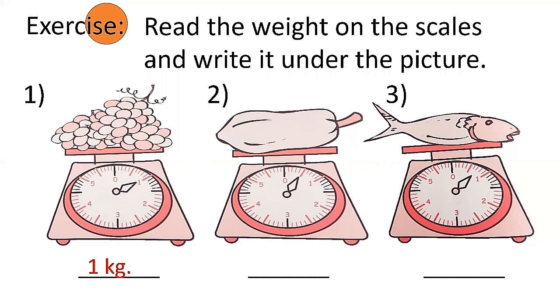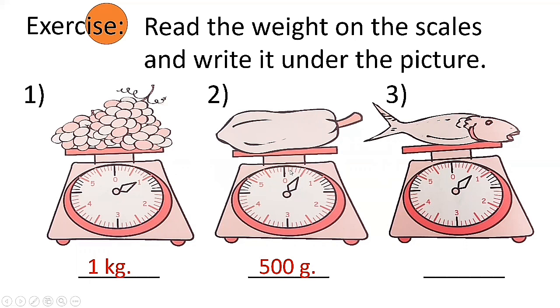Number 2, how much is the weight of a papaya? Okay, the papaya, since the arrow is pointed to half, that means that is 500 grams. Okay, so let's try to count. 1, 2, 3, 4, 5.